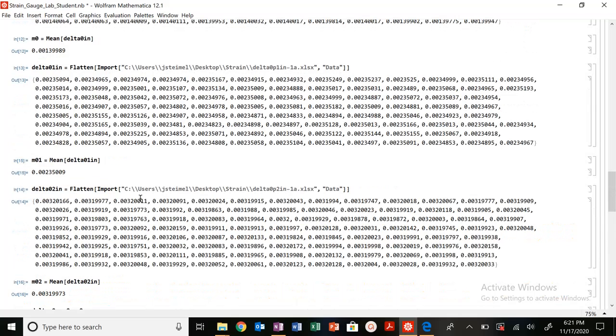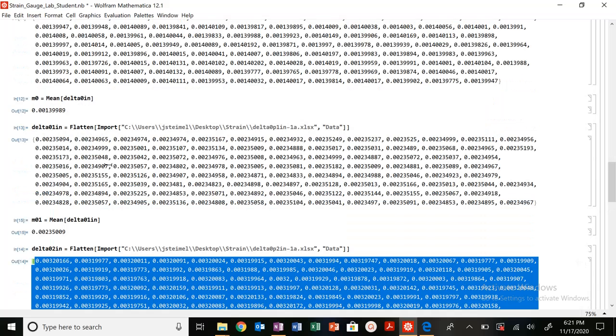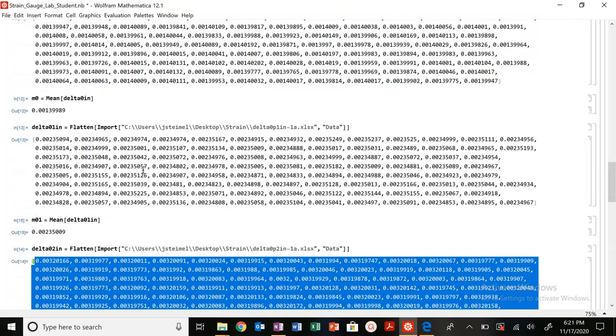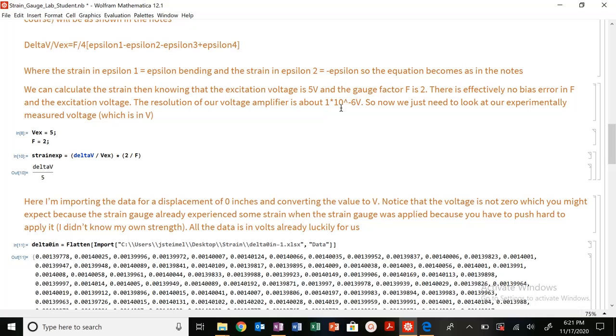So one other thing, obviously, again, you'll have 5 data sets, so you're going to have uncertainty in volts here. You're going to have to make that a non-dimensional fraction, divided by the nominal value, and then you'll be able to multiply by the nominal strain in order to convert back. Now, do we have bias here? Well, yes, because it says that our voltage amplifier has this uncertainty.